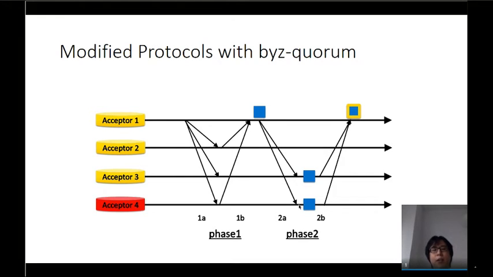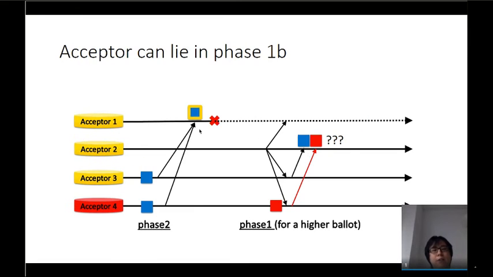Acceptors 3 and 4 reply that they vote for this value, sending phase 2B to acceptor 1. Acceptor 2 doesn't receive the phase 2A message, so it does nothing. Let's assume after this, acceptor 1 crashes.